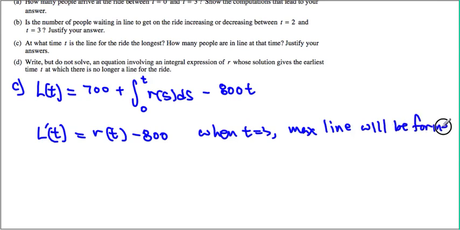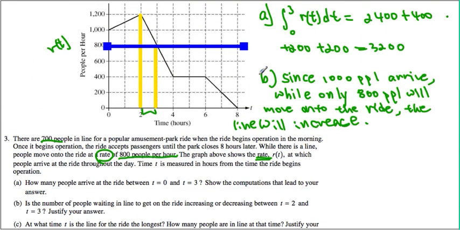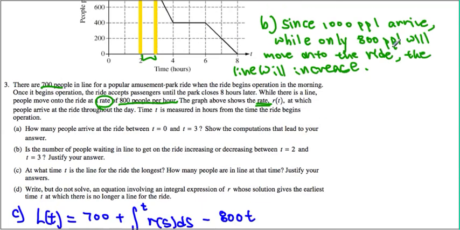Next we have to figure out how many people are in the line at that time. That's rather simple, because we just have to calculate 0 through 3, which we already calculated as 3200.